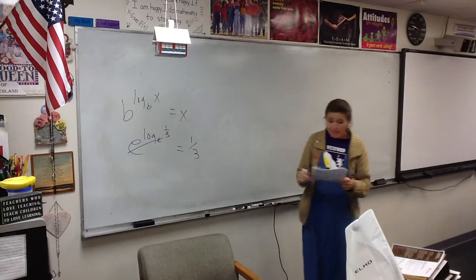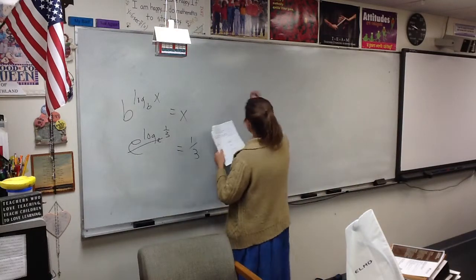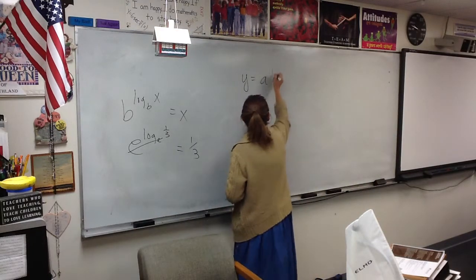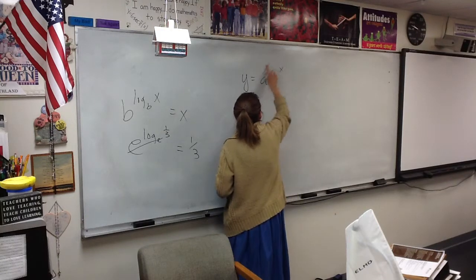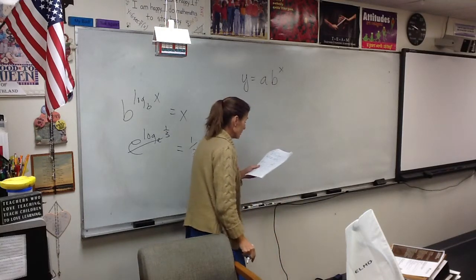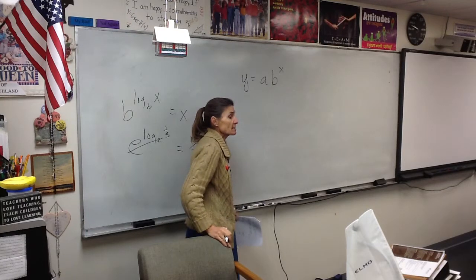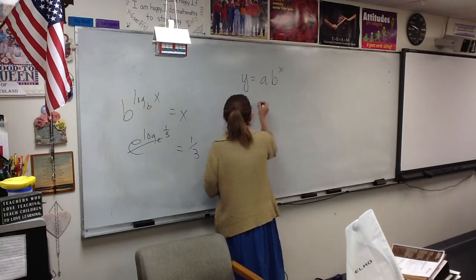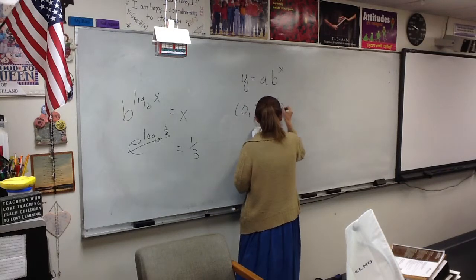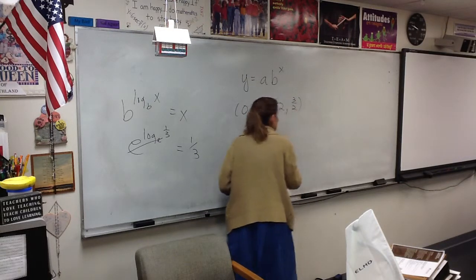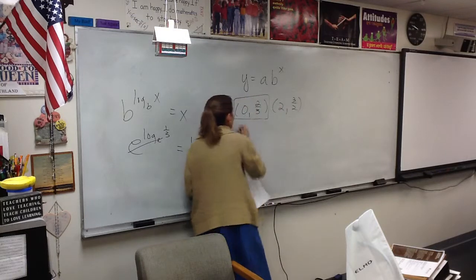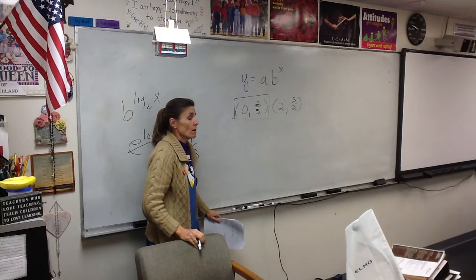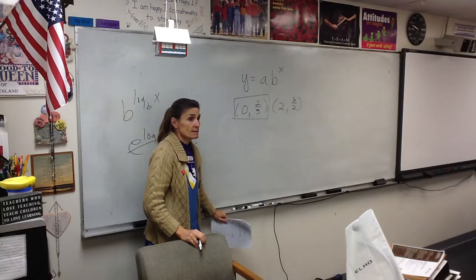Problem 2. Write the equation of the exponential. So my goal is a times b to the x. I have been given a couple of points. And we have discussed many times that we should start with the point that has a 0 in it.